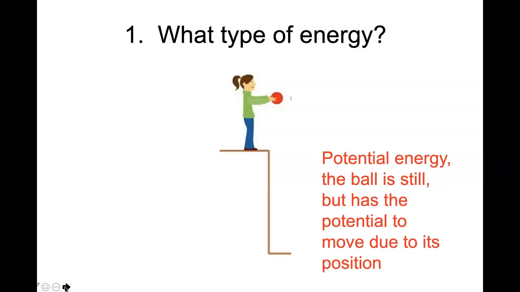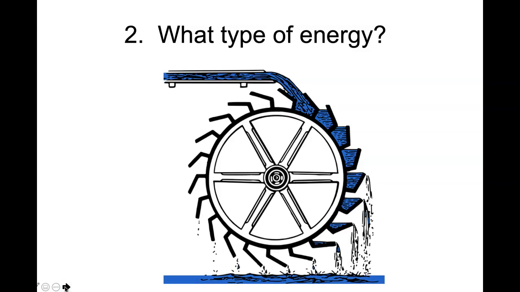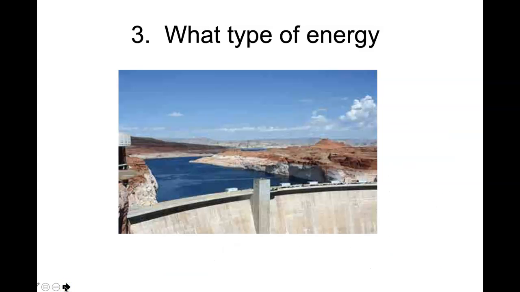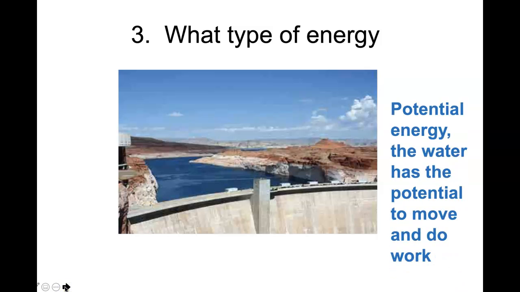If you said potential energy, you're exactly right. The ball is still. It has the potential to do something because of its position, but it's not doing anything right now. Whereas the water here in this wheel, hopefully you said kinetic energy because this water is moving. What about the water here for this third question? Hopefully you said potential energy.